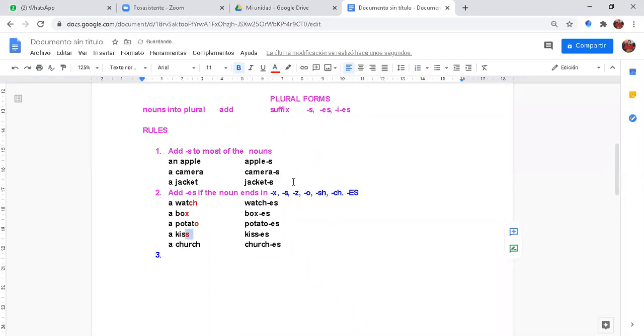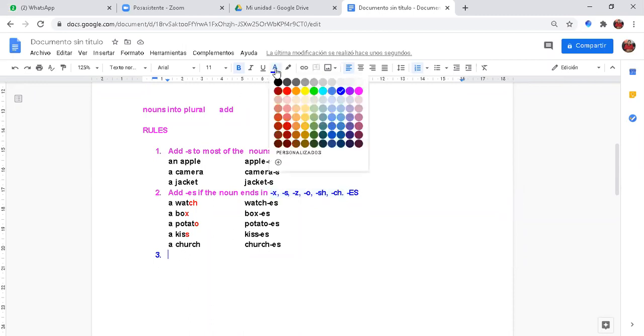Okay, so talking about plural of nouns, you have to memorize them in order to use es. Rule 3. What is rule 3?